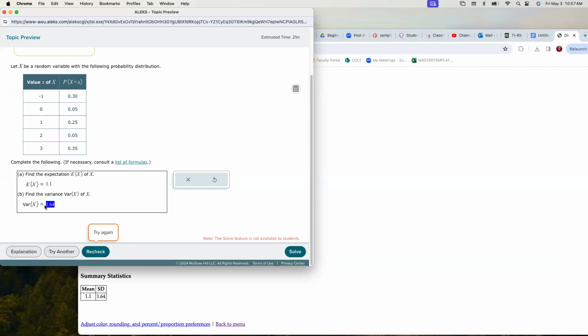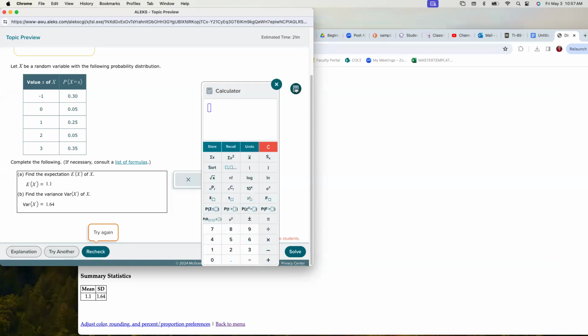So I'm just going to take the calculator here and type in 1.64 squared. I can read the directions right there. Sorry about that. Okay, so I take that and I am going to go ahead. Where's my squared button here? It's got to be somewhere. Oh, here we go. Squared, and so I get 2.